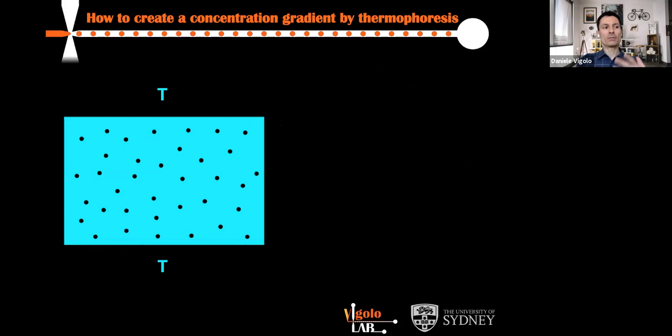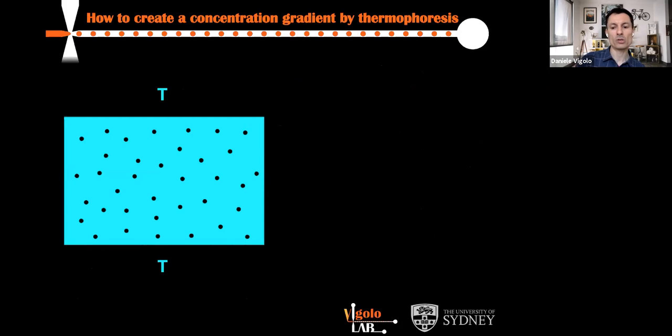Well, I got inspired essentially from what I've been doing during my master thesis. Back then, at that point, it was just the study of fundamental behavior of particles in a temperature gradient, so out of equilibrium. And this effect, which is thermophoresis, applies to any suspension, gaseous and liquid.